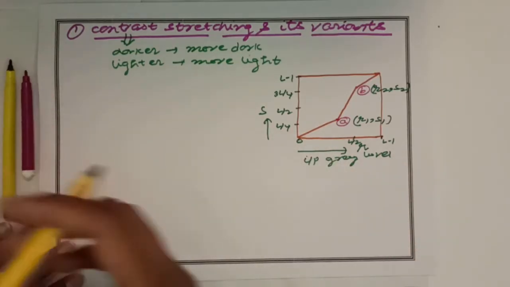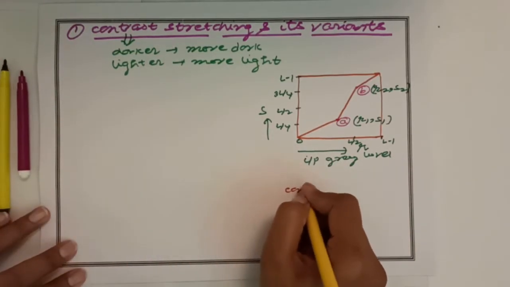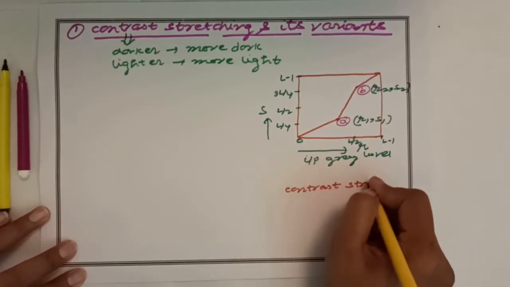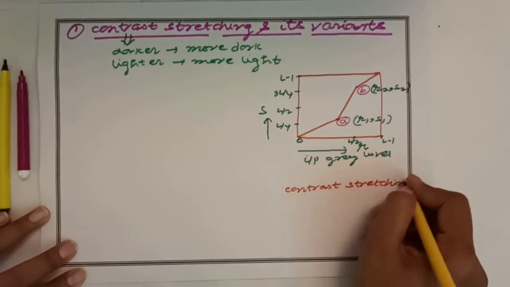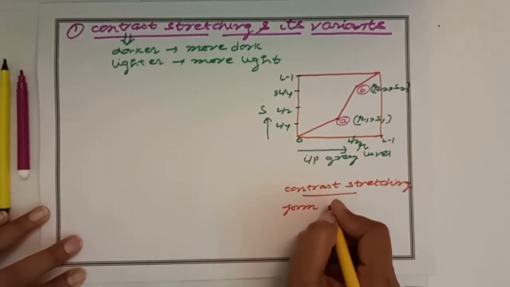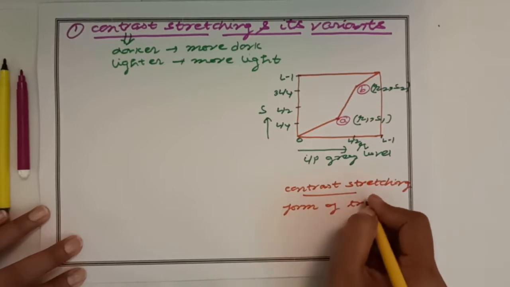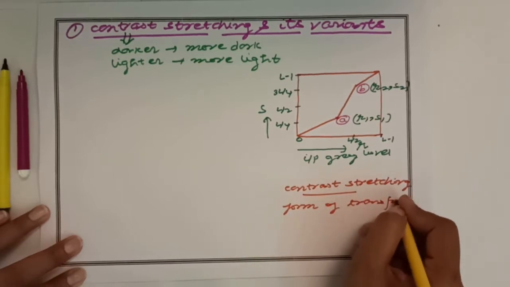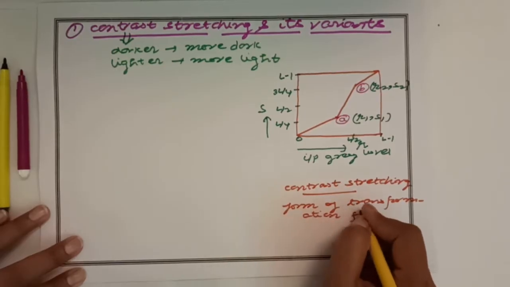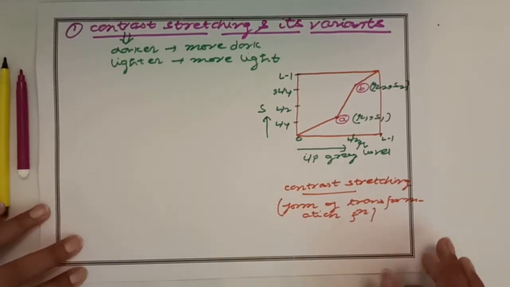So this we have drawn to represent contrast stretching. This is a form of transformation function.